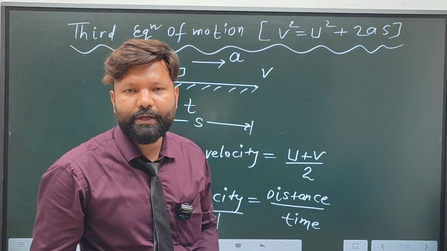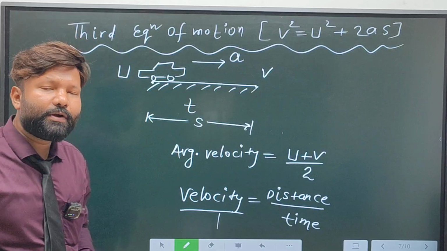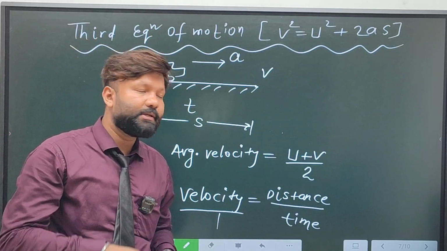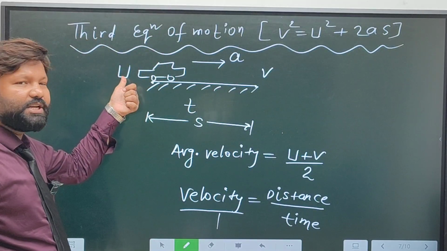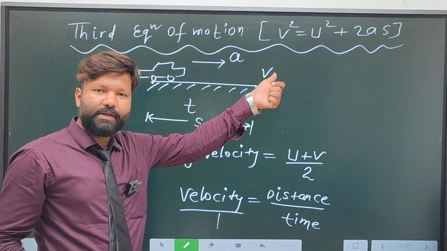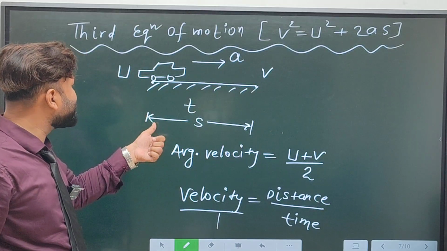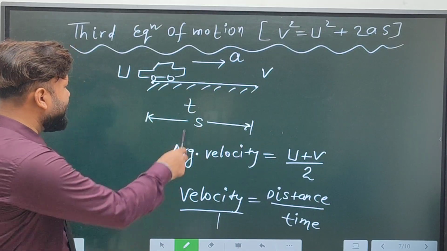When you are writing in the copy, give the heading and draw the diagram. After drawing the diagram, you have to write the language. Suppose a car moving with initial velocity u, after time t, the car final velocity becomes v. Car is moving with uniform acceleration a, and let the car cover distance s in time t.